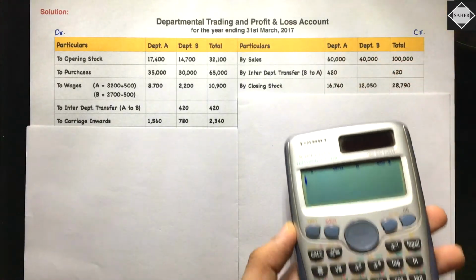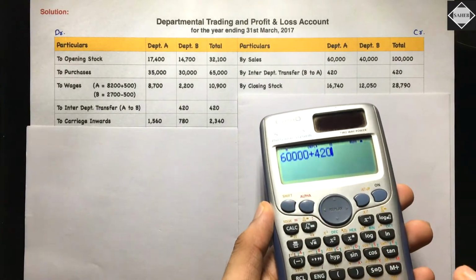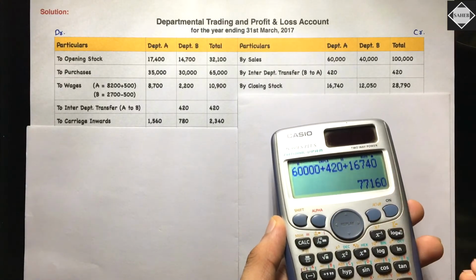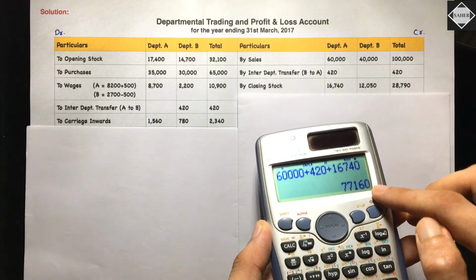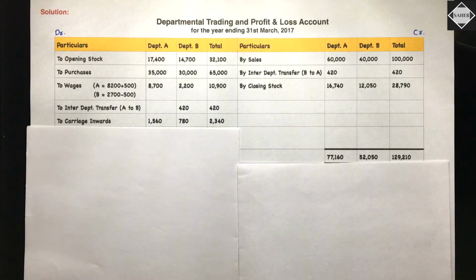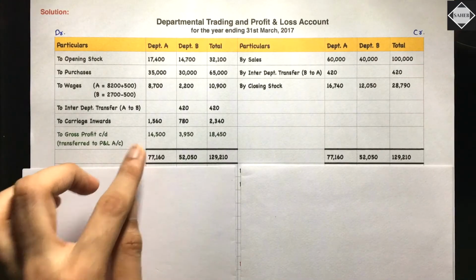Then we have to check over here, 60,000 plus 420 plus 16,740. So this side is bigger. How much? 77,160. So this you have to write on both the sides. See here, 77,160 over here also, and here also 77,160.